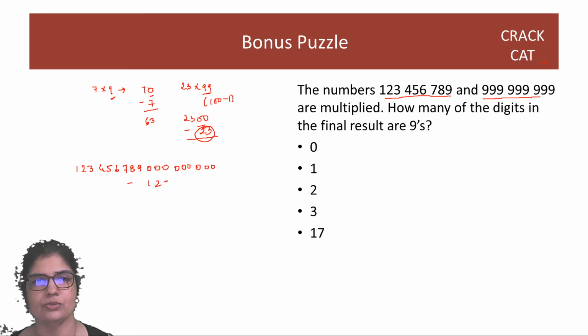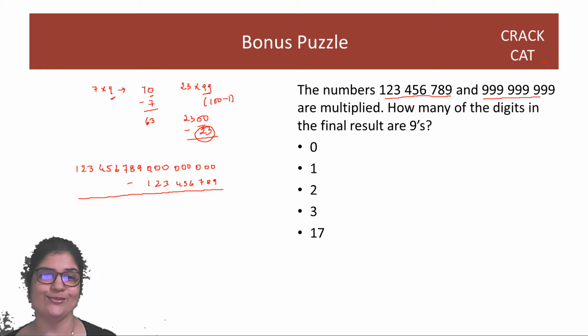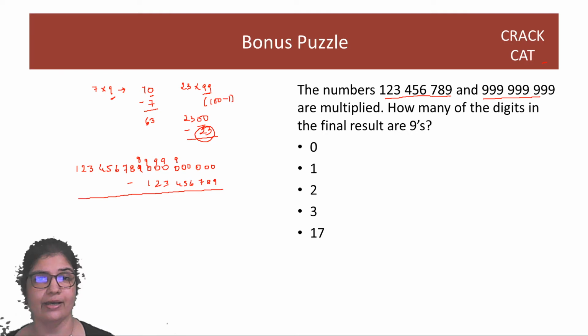So that's 1, 2, 3, 4, 5, 6, 7, 8, and 9. Right? And now we just take the difference. So how will we subtract this, guys? Let's go back to school life. So many zeros. This 9 becomes 8. Right? And this is 9, 9, 9, 9, 9, 9, 9, 9, and this is a 10.